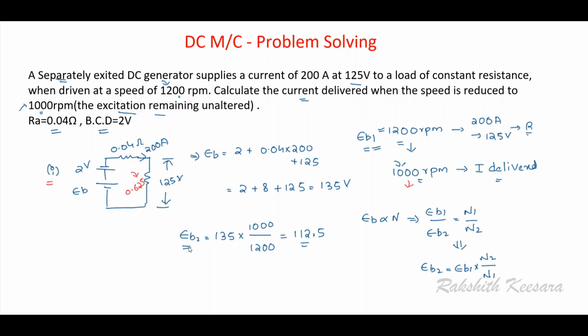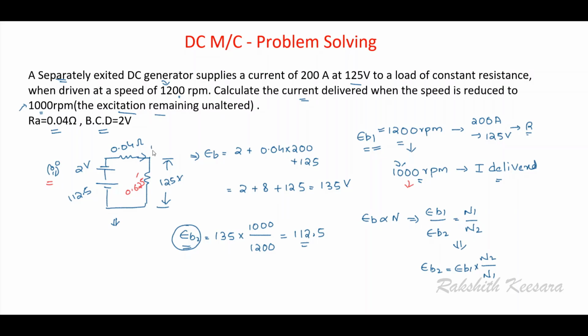Now we calculated EB2. By using this EB2, we should calculate the current again. So here EB is 112.5. Now this is the second case.